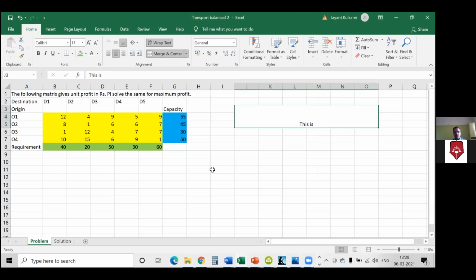And what we were doing was this particular example here. As you can see on the screen, we just said that this is an unbalanced transportation problem because the total demand does not match the total supply. So just capturing it here, we're saying this is unbalanced.